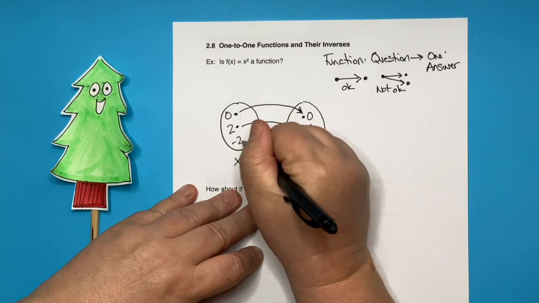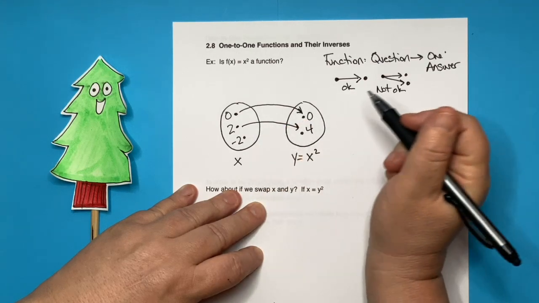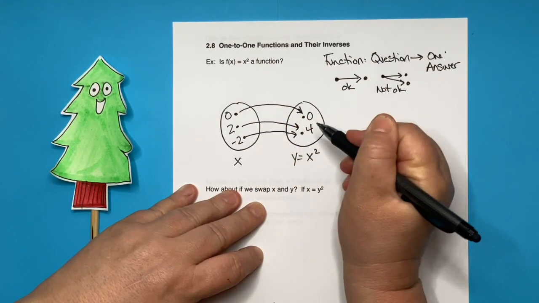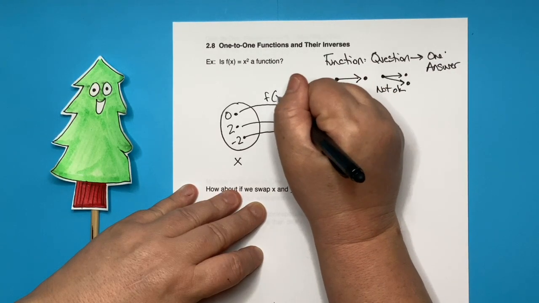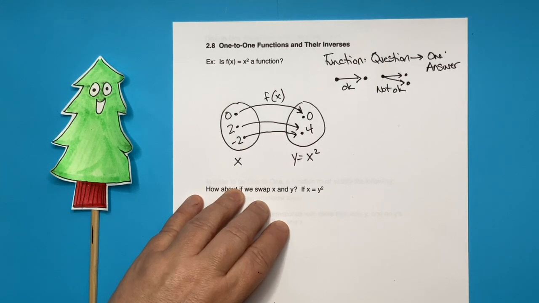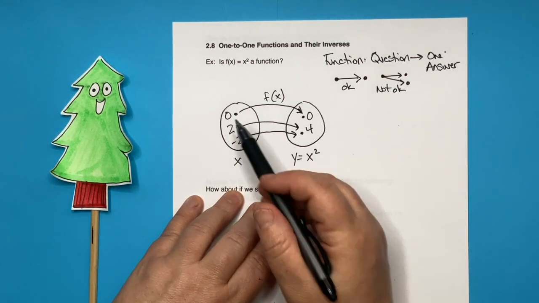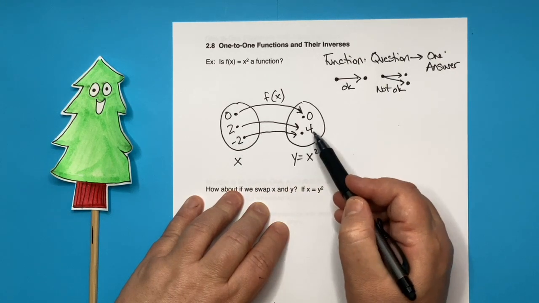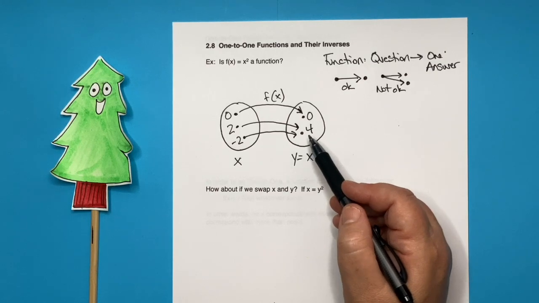And then I'm going to pick the point -2. And I'm going to say, well, -2 also corresponds with 4. This is f of x right here, our correspondence. But that's okay. It is okay if 2 different elements of the domain correspond with the same element of the range.